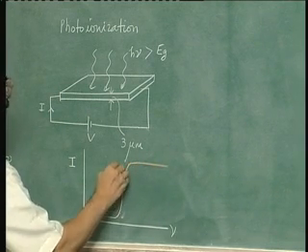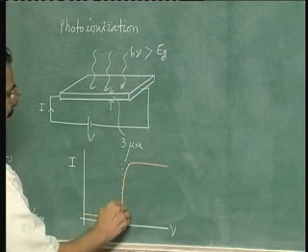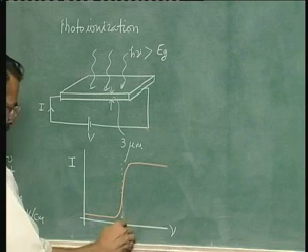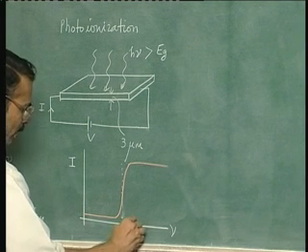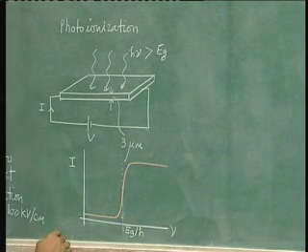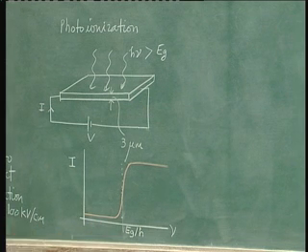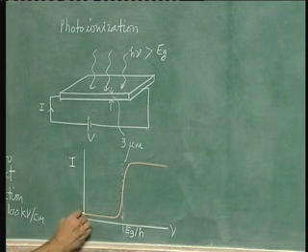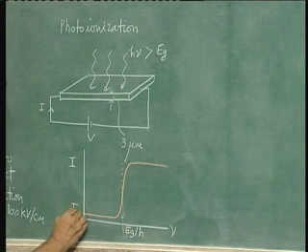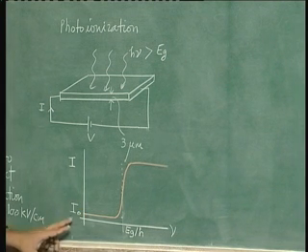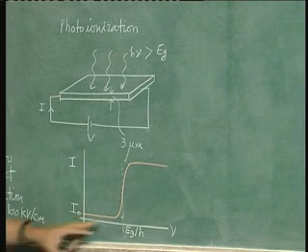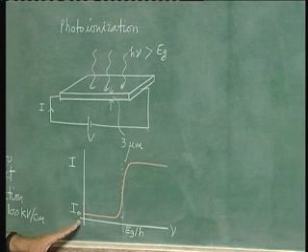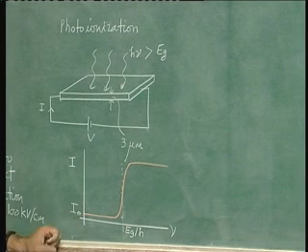This is the point where the frequency is exactly equal to Eg upon h. This is a critical frequency. So this current we can call the dark current I naught. Because this is the current when the light which is falling has a frequency that is very, very small, so no electron hole pairs are being generated.